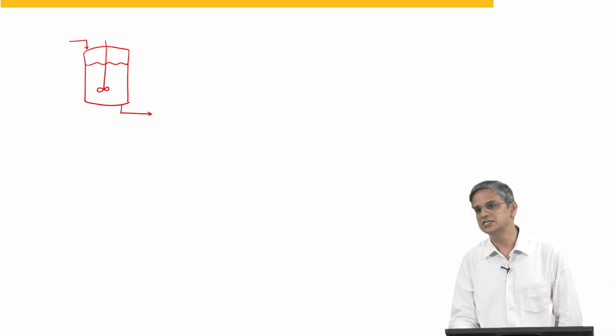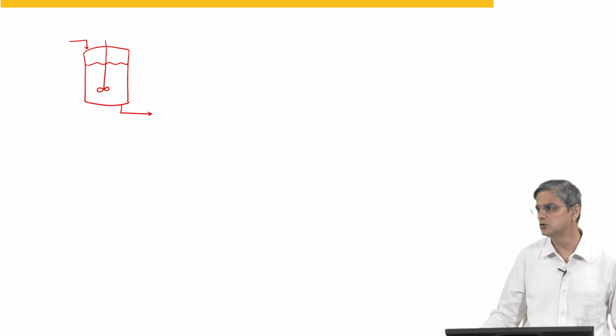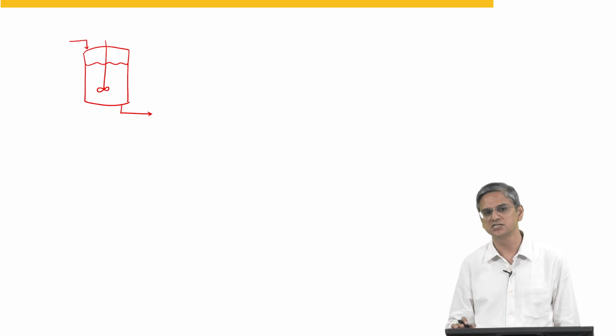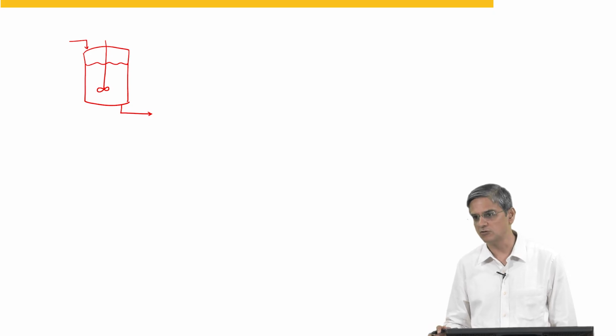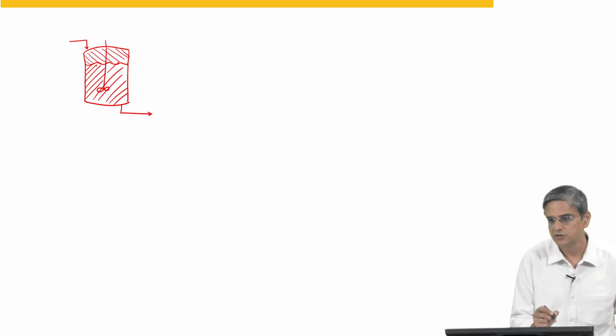Okay. Now let us say if this was a gas liquid reactor, what will we do? We will basically do the balances for two different control volumes. Okay. One is we will do balance for this control volume, which is the liquid, and other is we will do balance for this control volume separately, which is the gas.